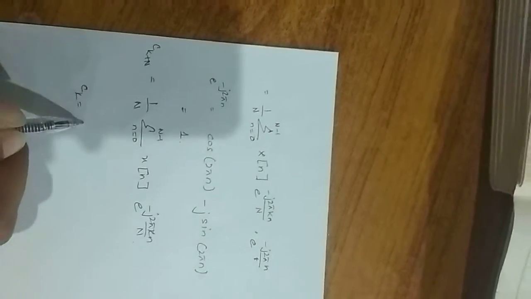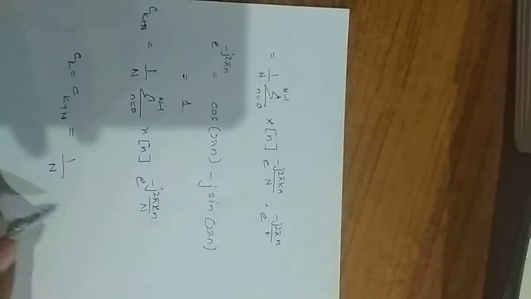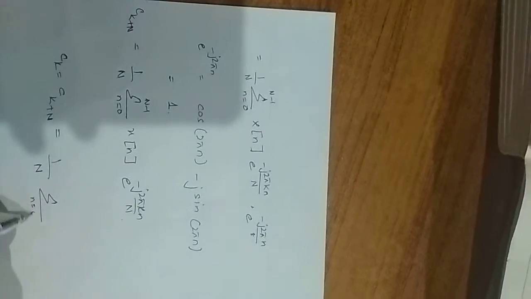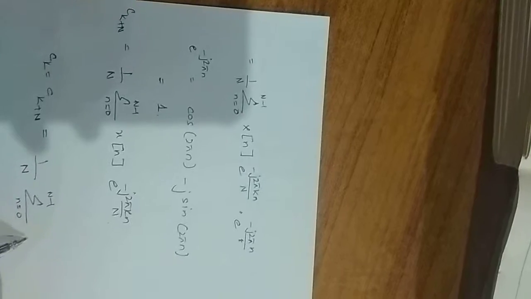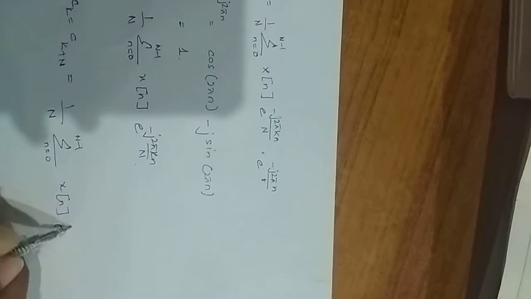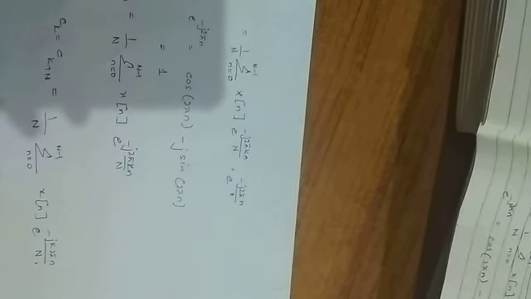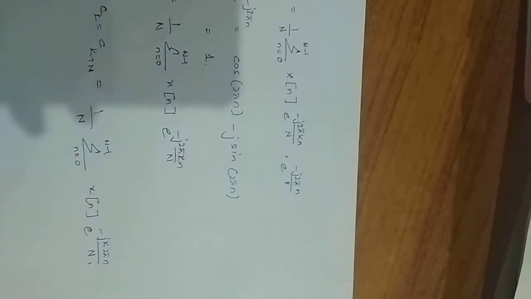So we say that C of k is equal to C of k plus N, that is 1 over N summation n equals 0 to N minus 1, that is the previous value, e raised to minus j k 2 pi n over N. It is the final equation. This is the discrete Fourier transform equation that we will use further in our lectures.